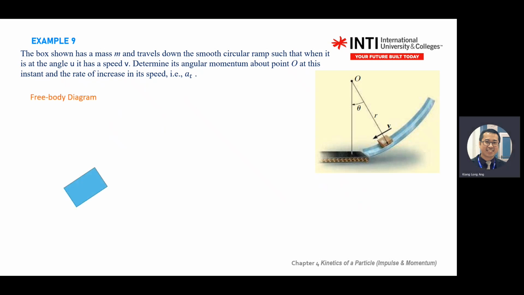So for the free body diagram, like what I drew on the whiteboard, we draw the axes of T and N. You should be able to understand why T is pointing this way and N pointing this way already. Then there is the origin O and the R. So what is new for today is that you need to look at the diagram. When you look at angular momentum or sum of moments, normally there is a reference point.